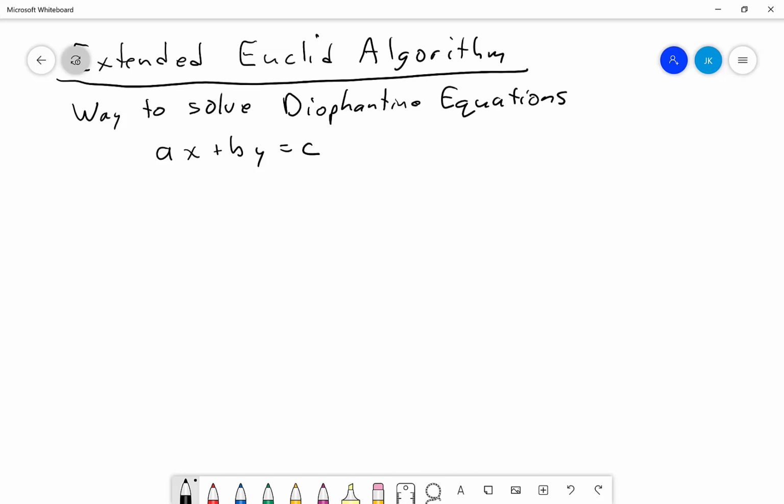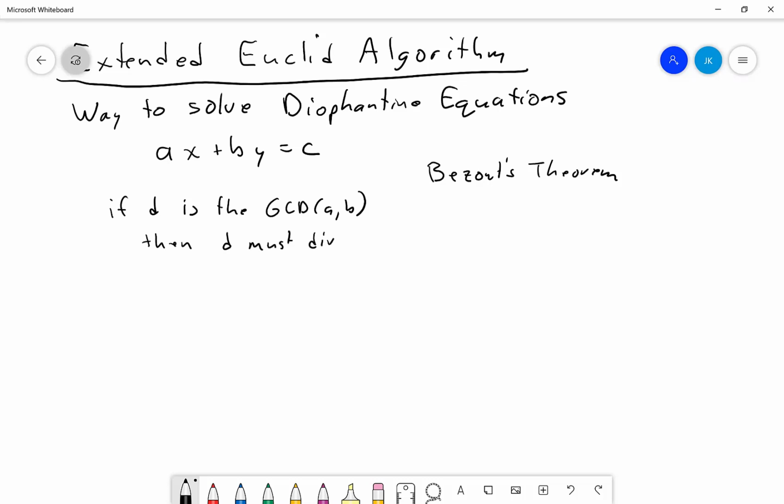And there is a theorem. The name of it is Bezout's theorem. Basically, Bezout's theorem says that if D is the GCD of A and B, then D must divide C for there to be a solution.